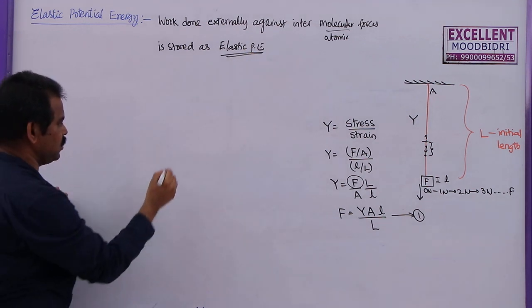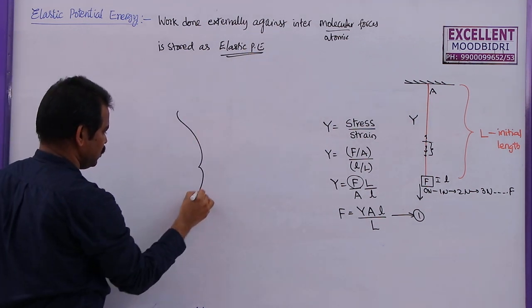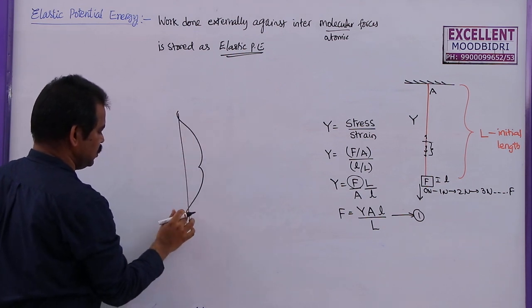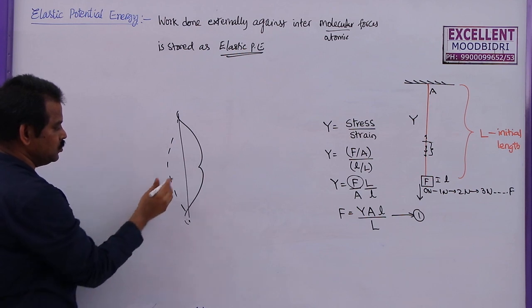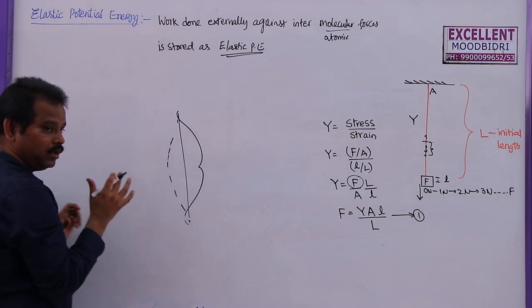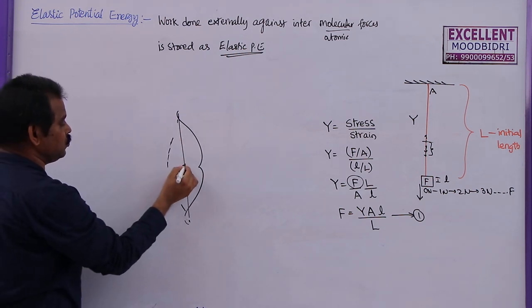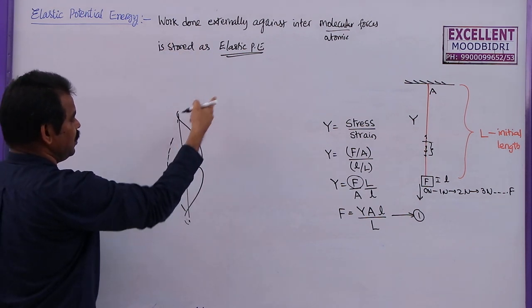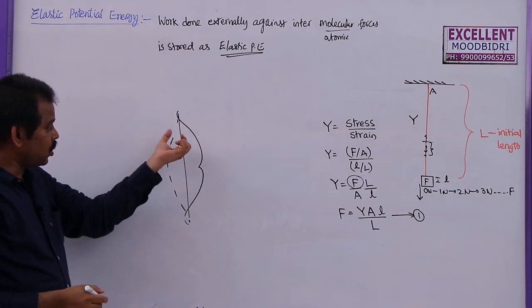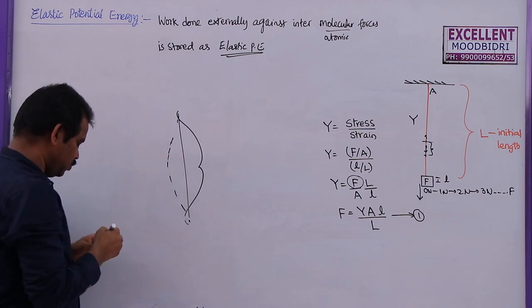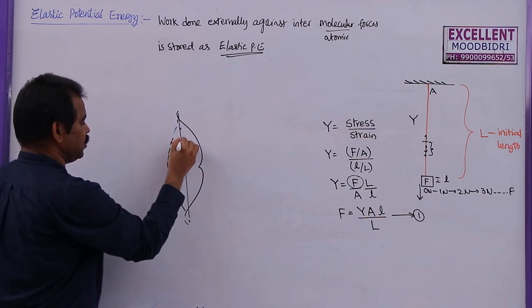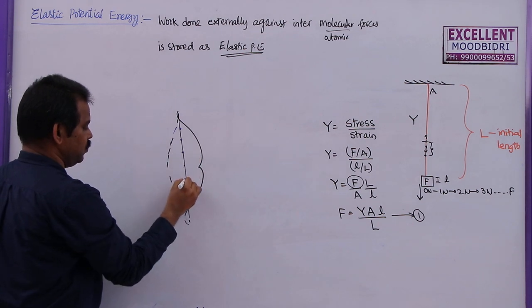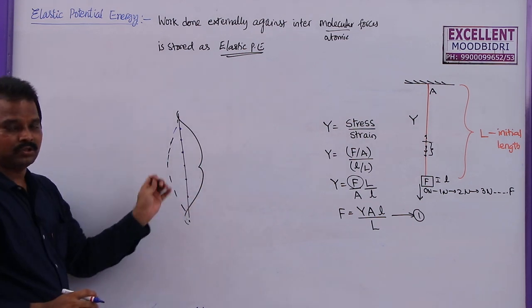Just like if you take a bow, this is the string here. If you stretch the string to this position, the string will have some energy due to stretching. Here we are also doing the same thing. We are changing the configuration of these molecules. Initially, in the initial position, these are the molecules 3, 4, 5, 6. I am showing only 6 molecules.